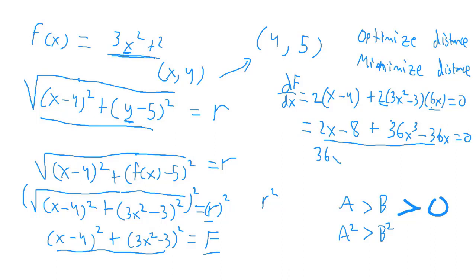So we have 36x cubed minus 34x minus 8 equals 0. Suppose that we were able to solve it; the point is, because we have this constant term here, we can't exactly factor out an x.